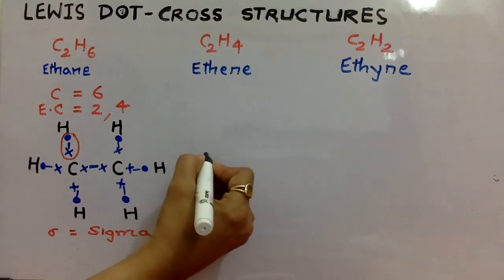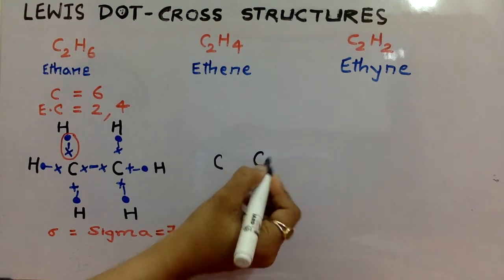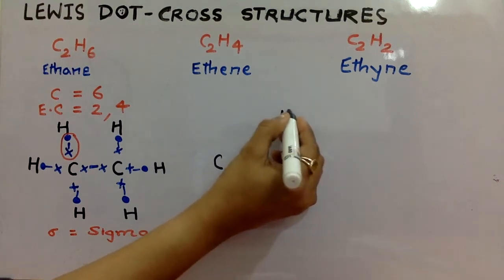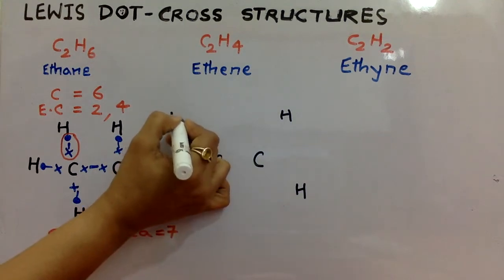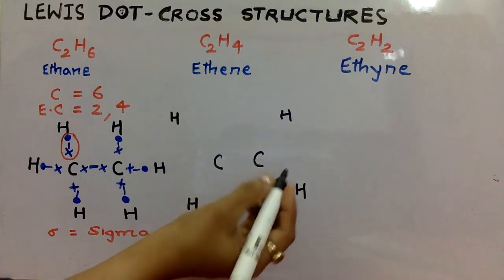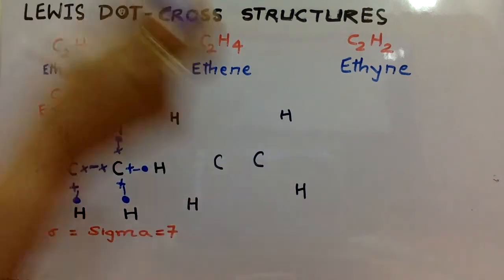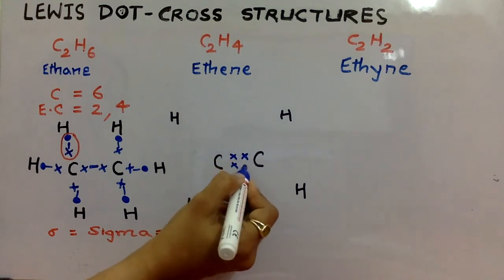Now we proceed further. Take the molecule of ethene. So again 2 carbons and 4 hydrogens are there. They are placed equidistant, making an angle of 120 degrees. Ethene has a carbon-carbon double bond.